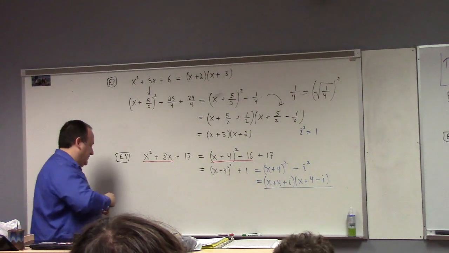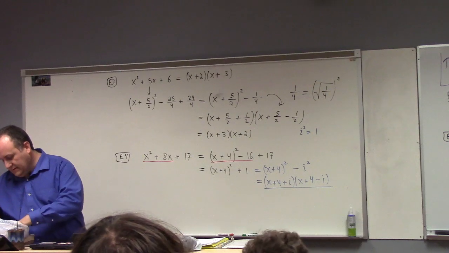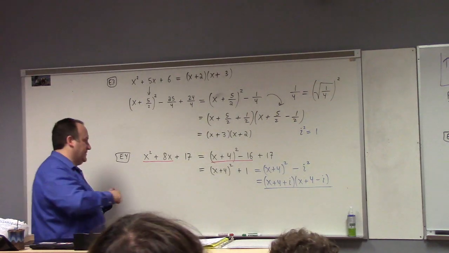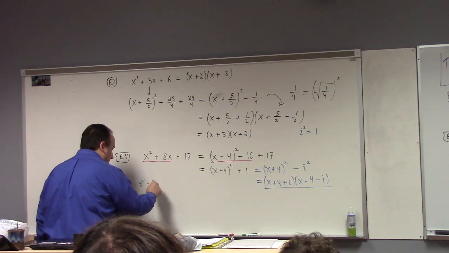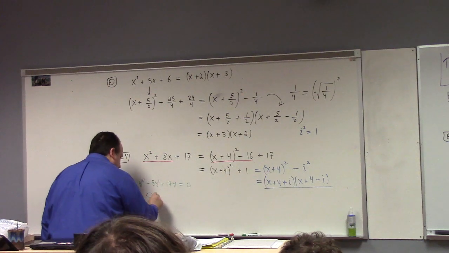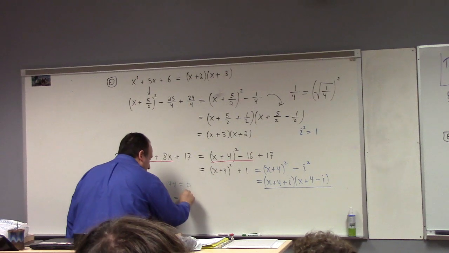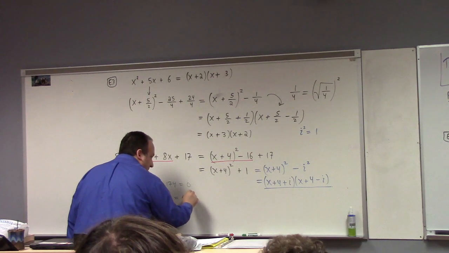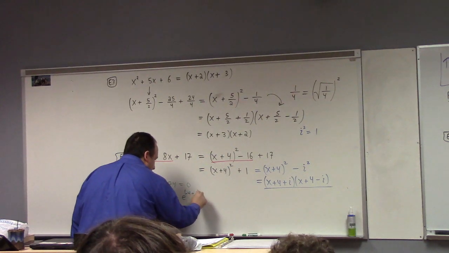Since we're here, and since we're doing it, let me get the most out of this example. Just comment, right? If we had y prime prime plus 8y prime plus 17y equals 0, that means we get y equals e to the minus 4 plus or minus i times x as a solution.